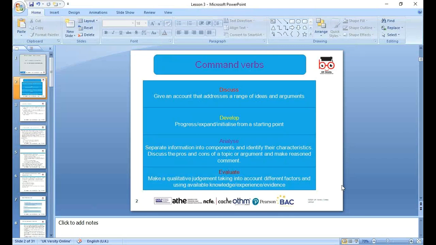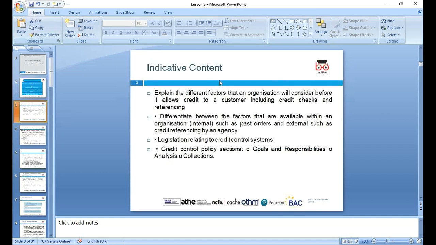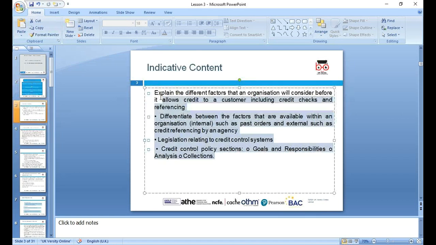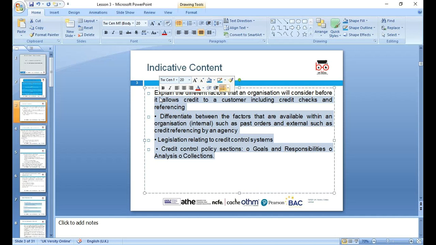Maybe we can look at different organizations and their credit control policies. Evaluate: make a qualitative judgment taking into account different factors. You need to look at the interest rate, the environment, internal and external factors, and available knowledge, experience and evidence.